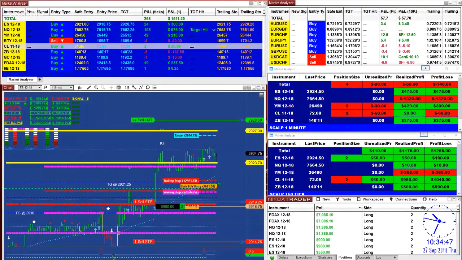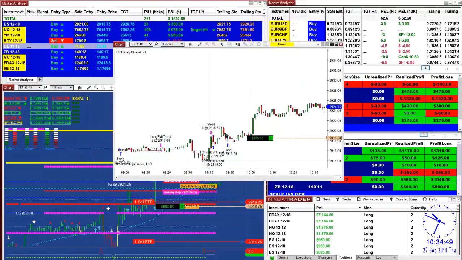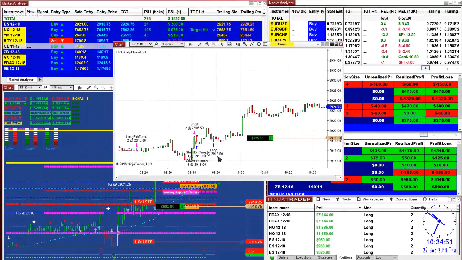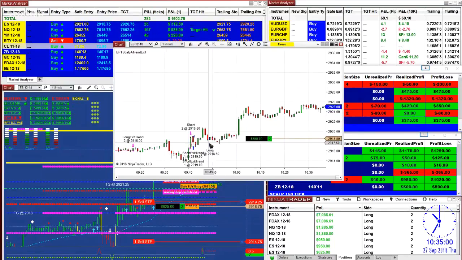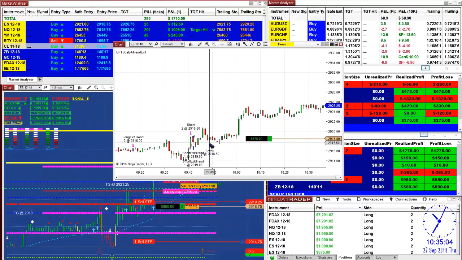Also, the ES 1 minute, on the last trade, I took it around... The swing trading should be started around 9:30 Eastern time. Unless you want to get up in the morning for the DAX trading, then you can chase the CL and the DAX.